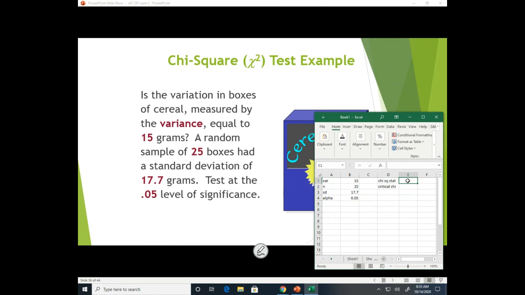All right, so we're going to input the formula. It's going to be equal to our sample size minus 1. That gives us our degrees of freedom, right? So that times the standard deviation squared, because we want the sample variance.